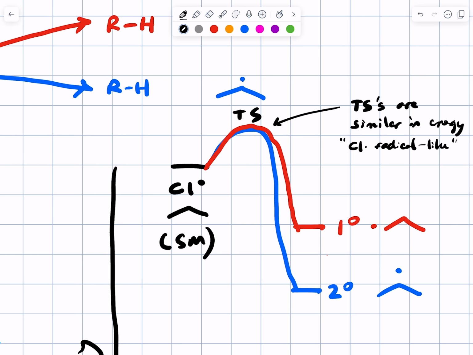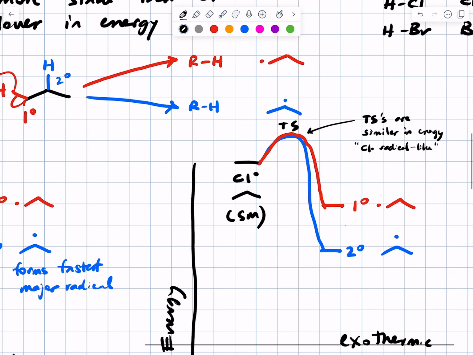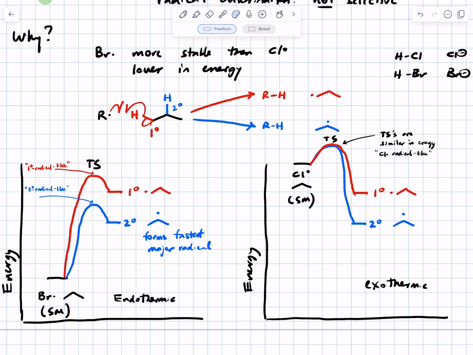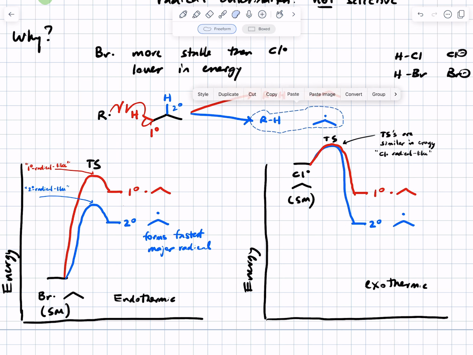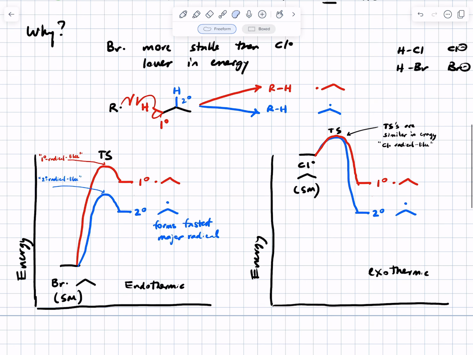They resemble that, both of those red and blue transition states resemble the chlorine radical, and as such, they're very similar in energy, okay? And that means there's no selectivity. They form at similar rates. All right, questions about that conclusion?